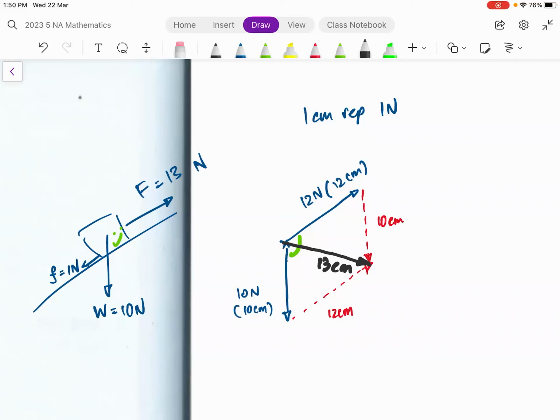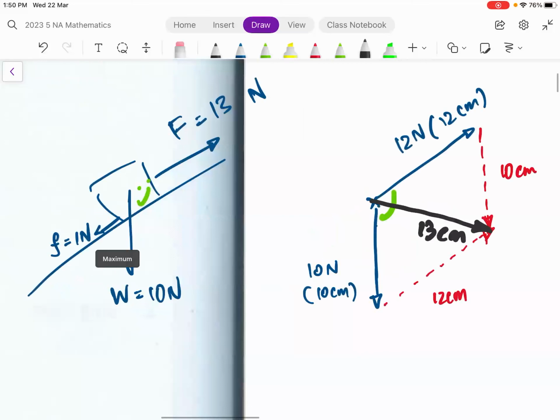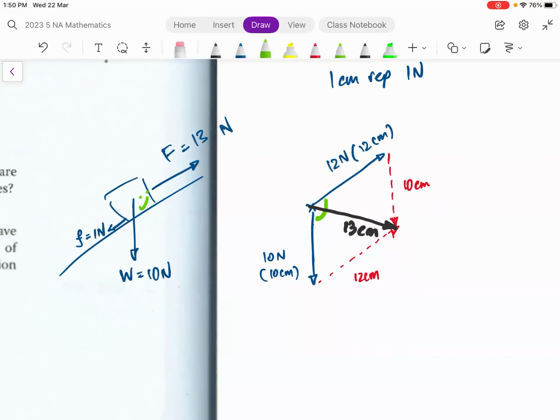Can you imagine me requiring you to draw this kind of scale diagram for every vectors question? Die, right? So we want you to calculate. For example, in this case, our missing information is this angle. So suppose I tell you that this angle is 120 degrees.